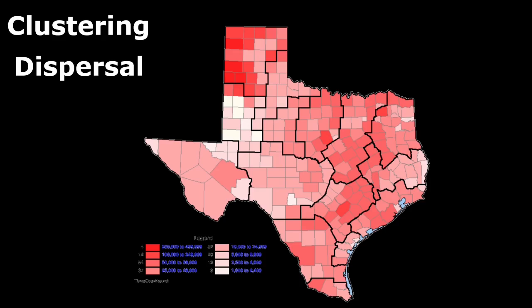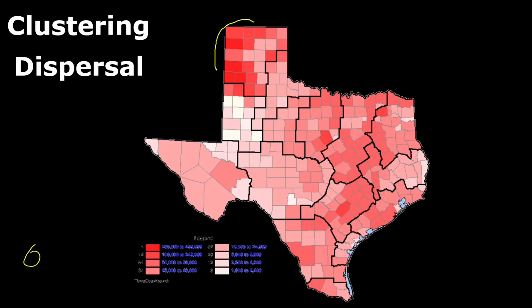All right, here's a map of Texas. It's a choropleth map, and we're going to be looking at clustering and dispersal of population. So I'm going to pull up my handy dandy pen. I'll change the color to like yellow. And we are going to circle a cluster of population and a dispersal of population. So what's a cluster? Well, a cluster is just a grouping together of a phenomenon.